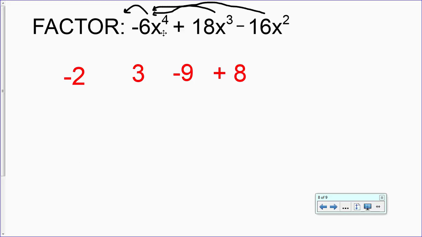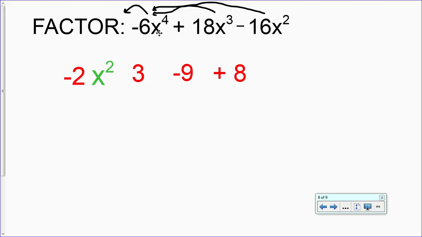Now let's look at the x's. Do they have any x's in common? Yeah, they're all x's. But how many they have in common is what we're going to look at for variables. So this first term has 4 x's, this one has 3, this one has 2. What's the most that we can take away from all of them? Is 2. Okay, so we're going to take the x squared away from all of them, and then we just divide, which is basically subtracting the exponents.